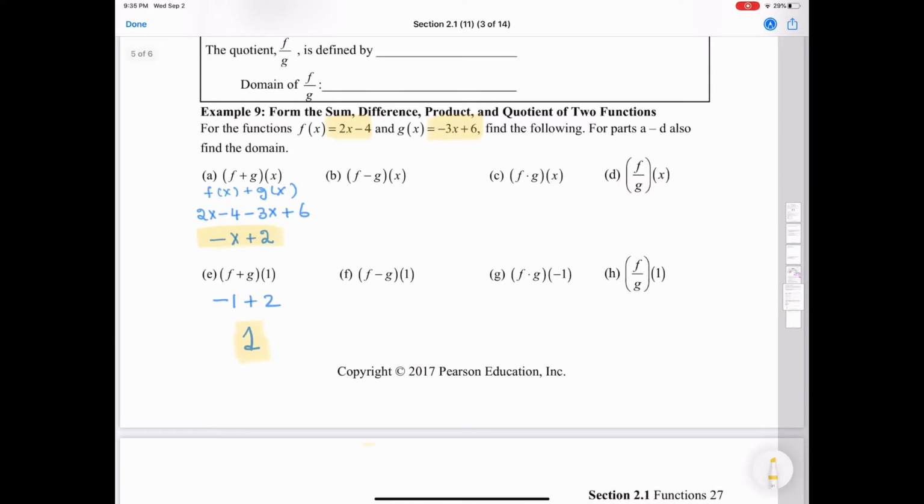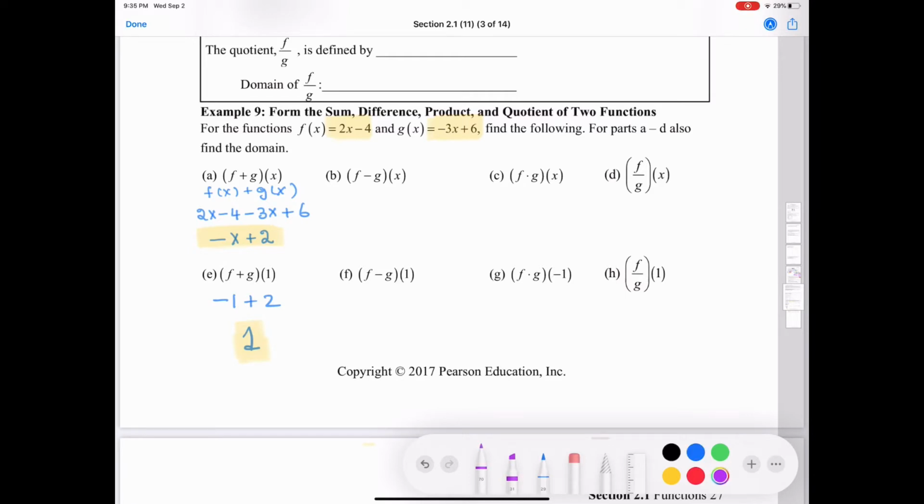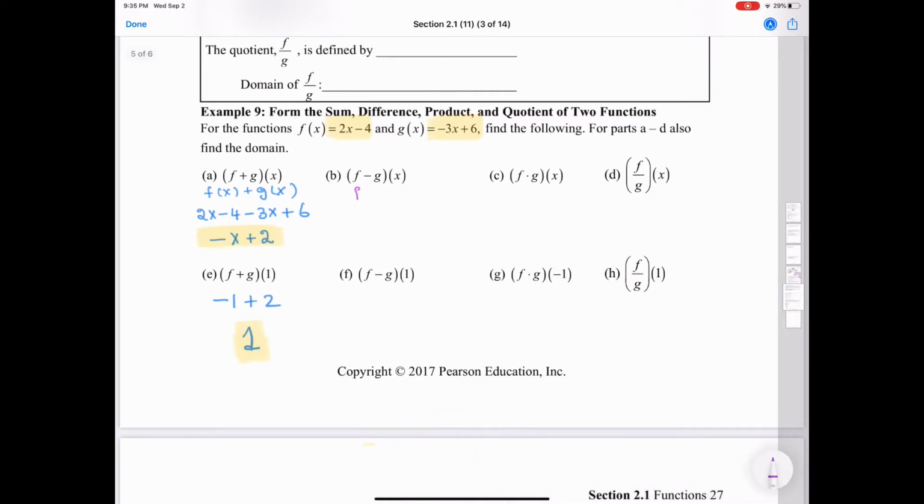Okay, so the next one is asking me to find what f minus g of x is, which is the same as writing f of x minus g of x. Again, because I have the negative sign in the middle, I have to be careful to distribute it to the second function g of x. So let me write this.